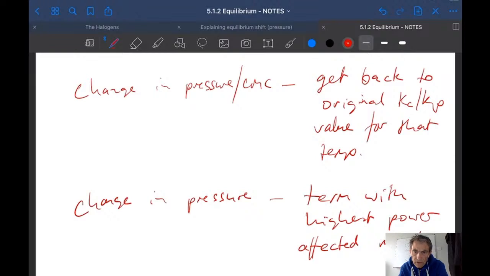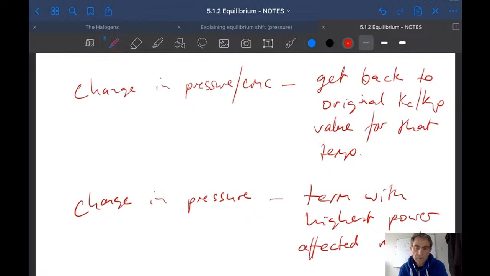Alan, when you change the concentration or pressure, the Kc remains the same. Well, if the equilibrium doesn't shift, Kc won't be the same, because if you change the concentration of one of the components, you've knocked it out of equilibrium.